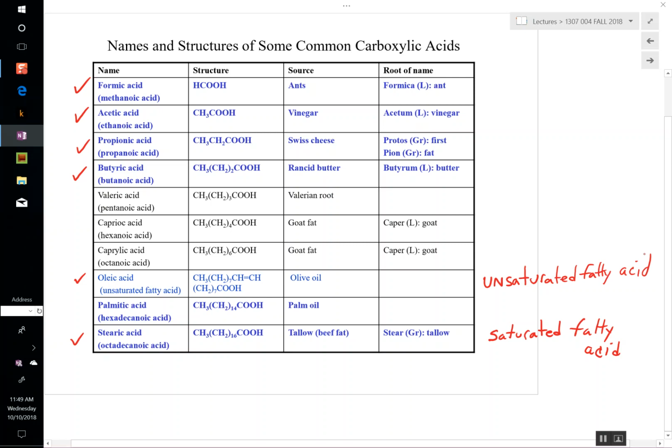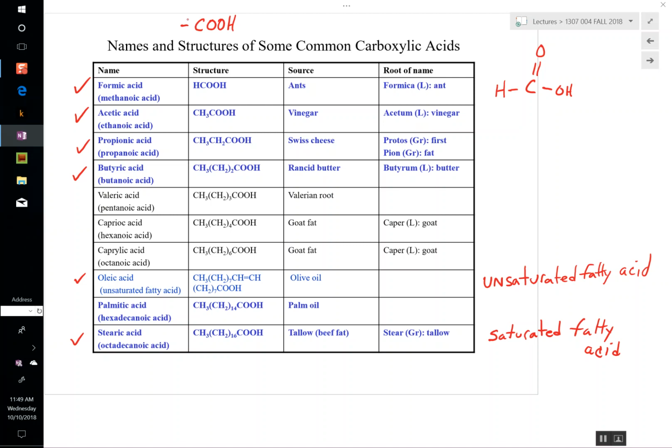And I'll go through some of this pretty quickly. Formic acid. So formic acid, you just have this sort of thing right here. There's your carboxylic acid and a hydrogen on it. And you can see the way they're writing the carboxyl group, COOH. The first O is a carbon-oxygen double bond.